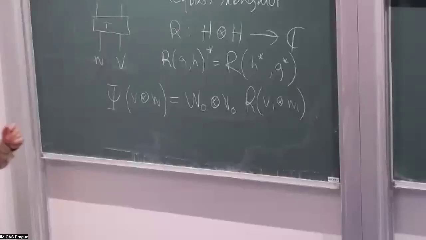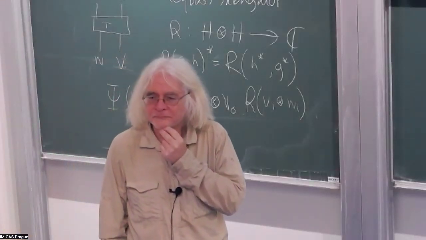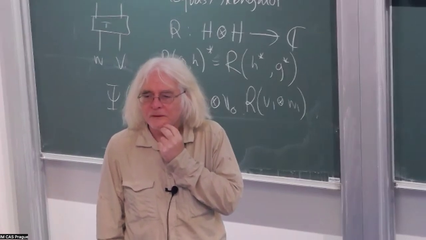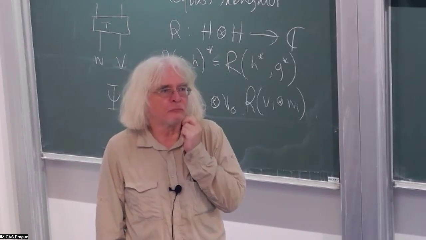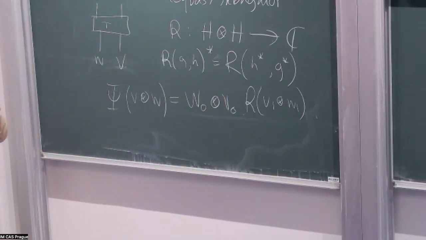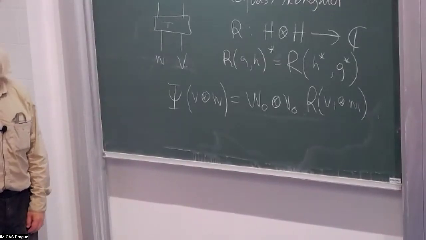Okay, maybe just a very quick question. I don't see where you need the antipode. Is it really needed that you have a Hopf algebra, or would it be fine to work with a bialgebra? The answer is, I'm not sure at which stage this comes in. For this braiding, you certainly need a co-quasi-triangular Hopf algebra.